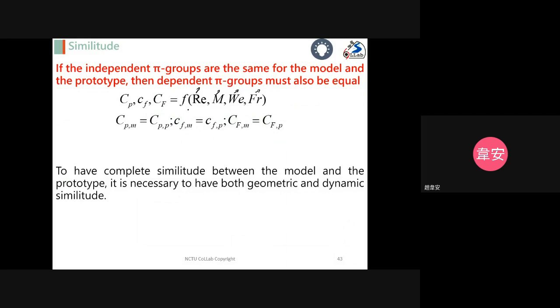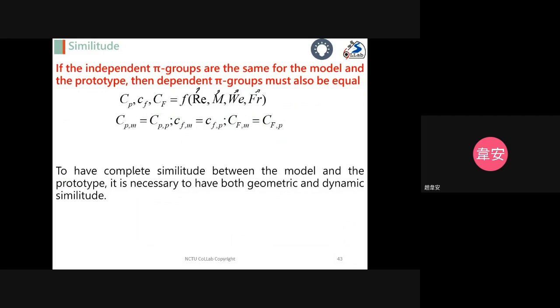And for the dynamic similitude problems, we know that if we let the independent pi groups be equal, that means the dependent pi groups are also equal.